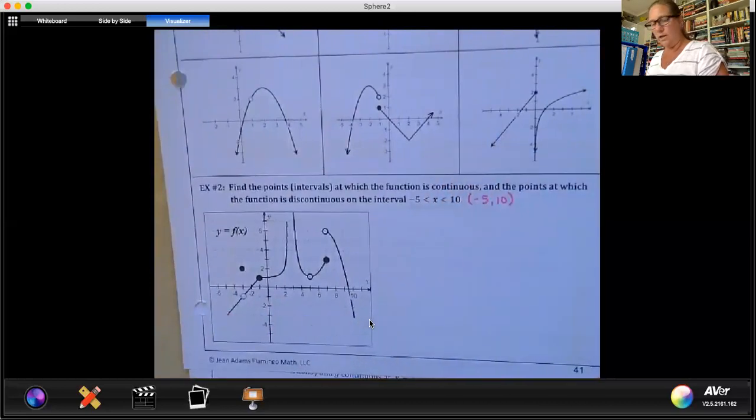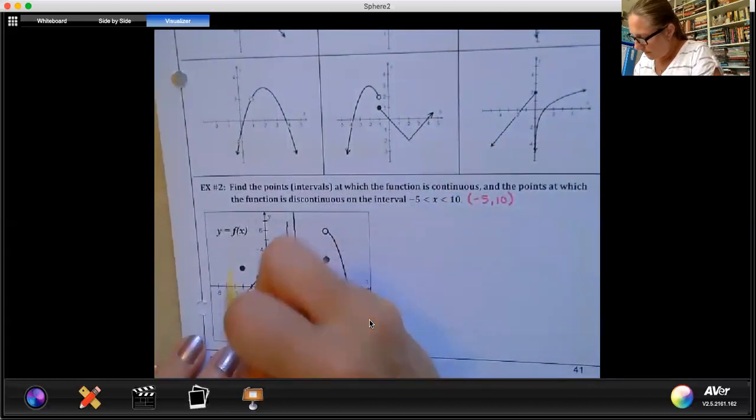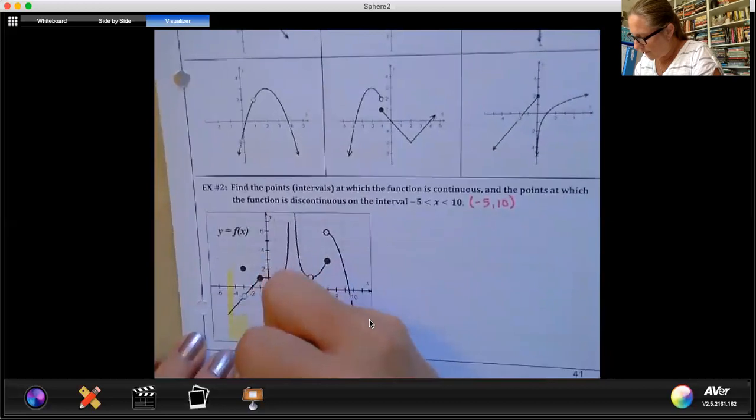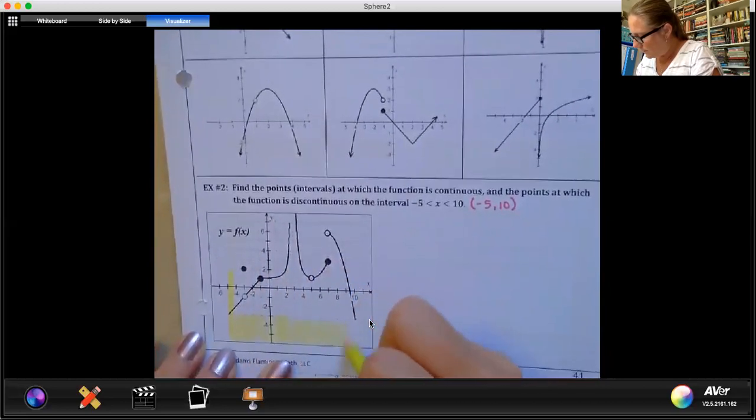It is a good idea, and I know you're going to be doing this in section 8 of chapter 1, to find a colored pencil and color in the interval that you are looking at from -5 to +10.